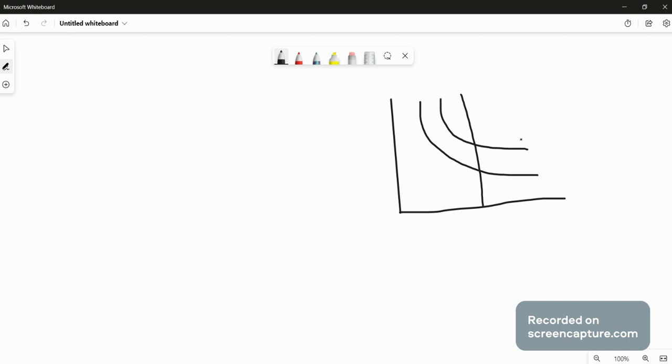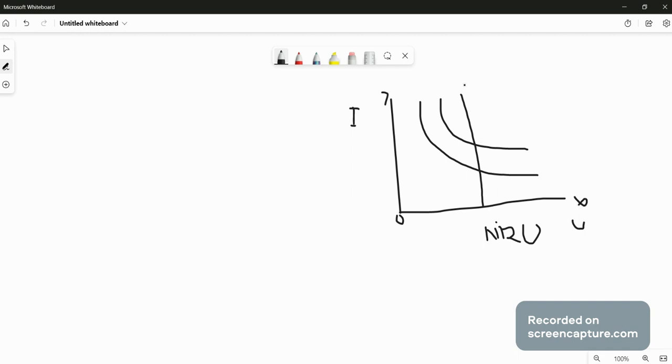Right? So what he says, when the economy achieves full employment, this point is called NRU, right? And we have inflation here on the y-axis, and unemployment on the x-axis, right?